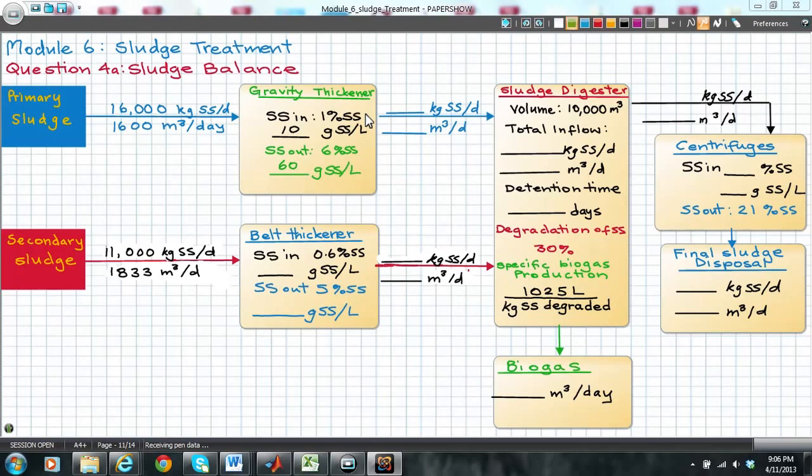Then we're going to be looking at our thickened sludge line. The solids flow is going to remain the same, as we've only removed water in our gravity thickener, and we have still 16,000 kilograms of suspended solids per day. Now we need to calculate what the volumetric flow rate is.